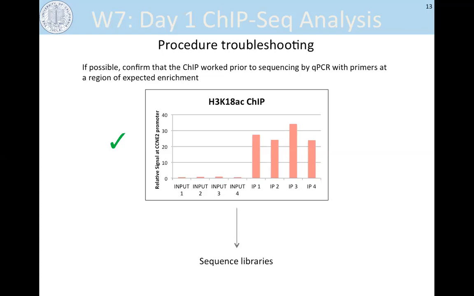Otherwise, something you could do is, maybe somebody else is sequencing a library. You could ask if you could put in a small sample of one of your libraries and get a little bit of sequence back for your ChIP, and see if it looked like it worked. And if it did, then you can go ahead and sequence the rest of your libraries.